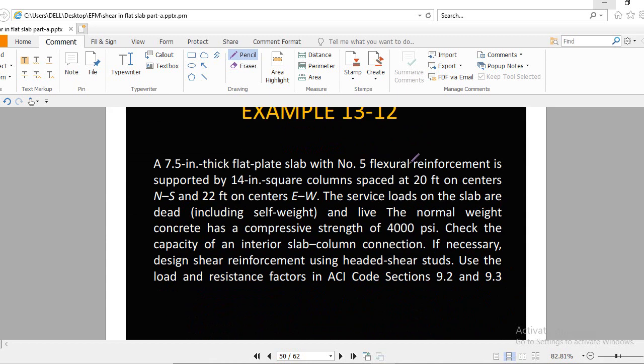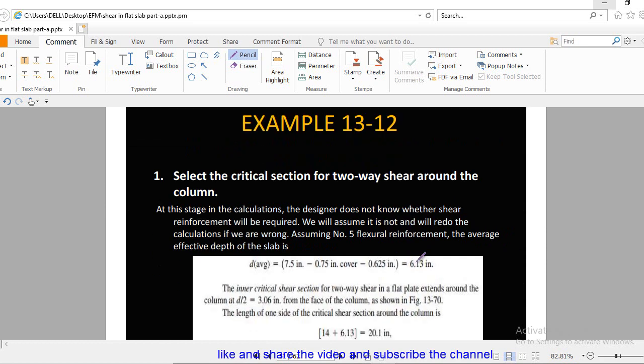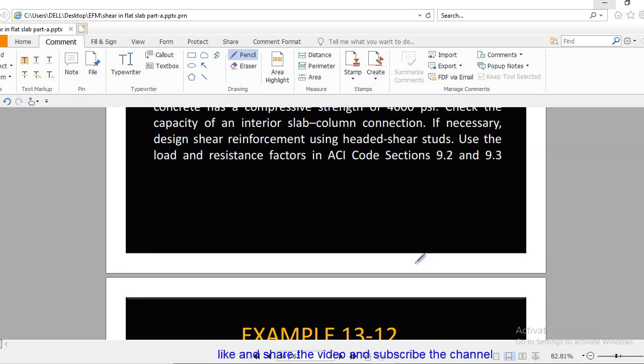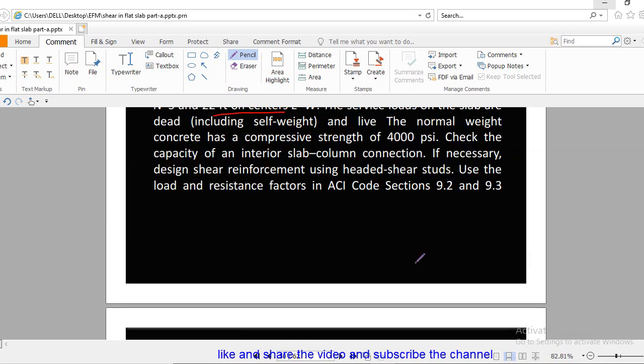Now this is example number 5, flexure reinforcement: 14-inch square column, 20 feet center to center, 22 feet in the north-east-west direction, live load is given, fc' is given. What we have to do is check the shear reinforcement using shear head studs, using the load and resistance factors if necessary.